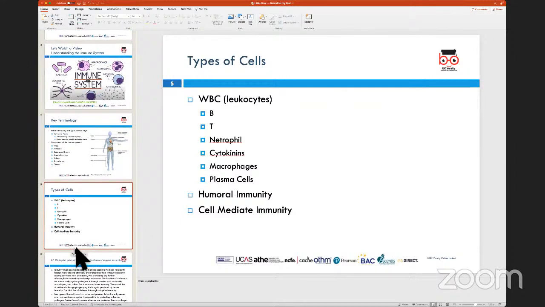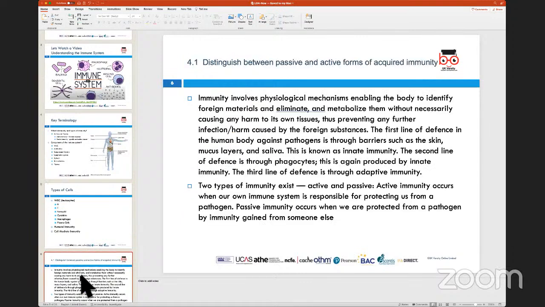So with this background in mind, let's understand some of the details of the specific immune defense mechanisms that the human body employs when pathogens enter the human body.